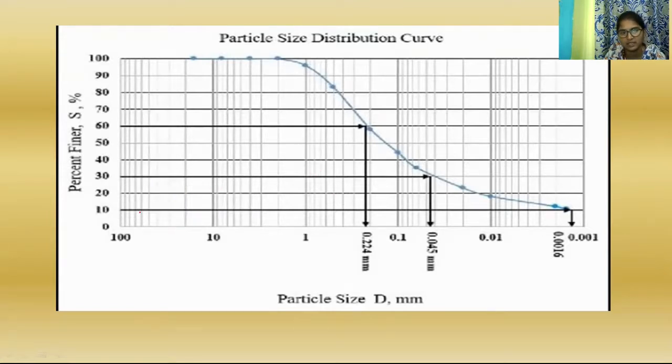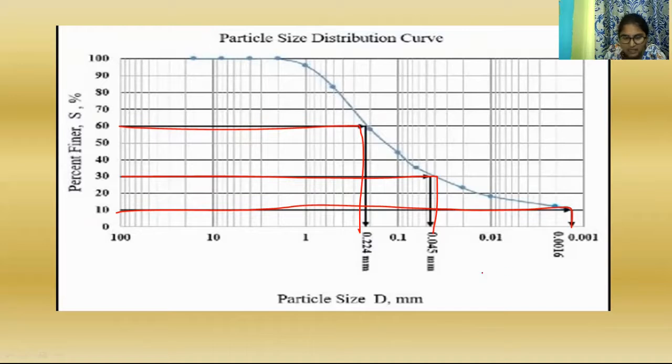Finally we can get the effective sizes D10, D30 and D60 from the graph. We read D60, D30 and D10 where the curve is touched, drawing lines horizontally and vertically.